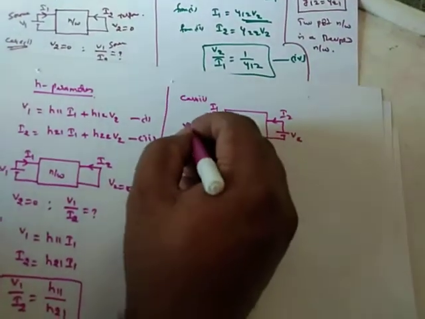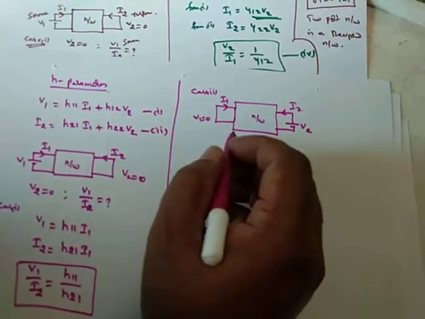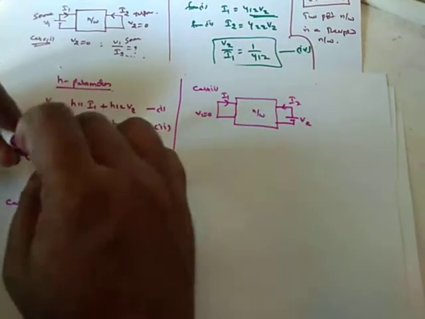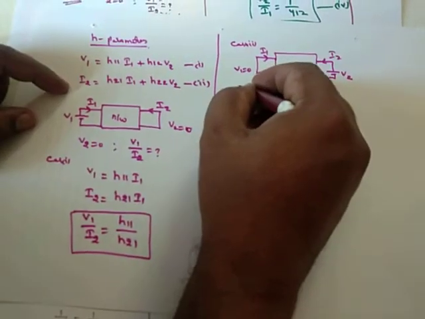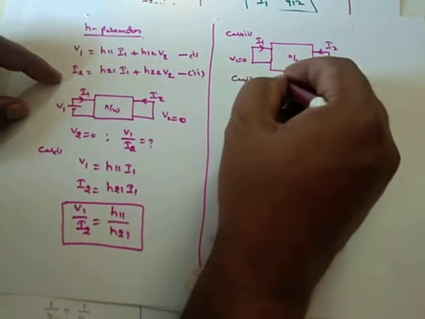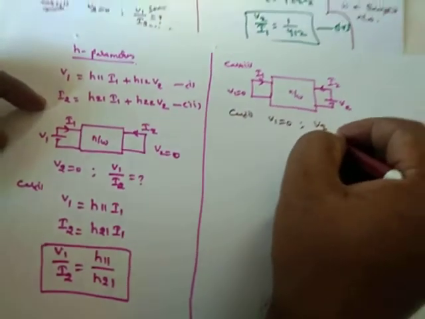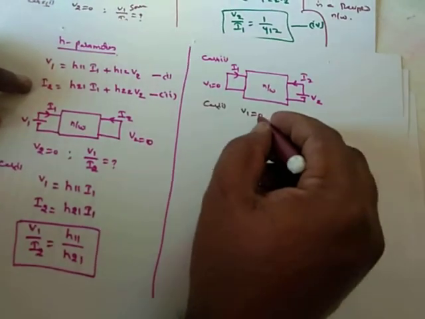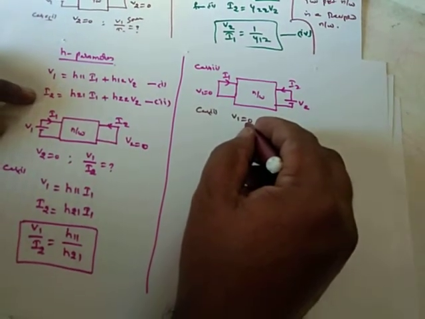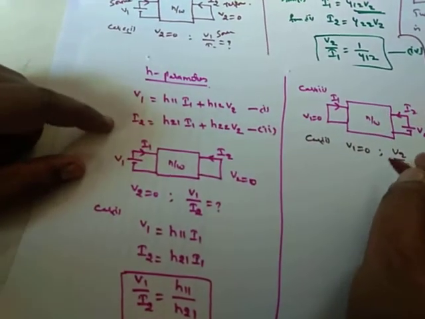Now the condition is V1 is equal to 0. Here, case 2, V1 is equal to 0. Find V2 by I1. Now, same as before, substitute the condition V1 is equal to 0 in the H parameter basic equations.